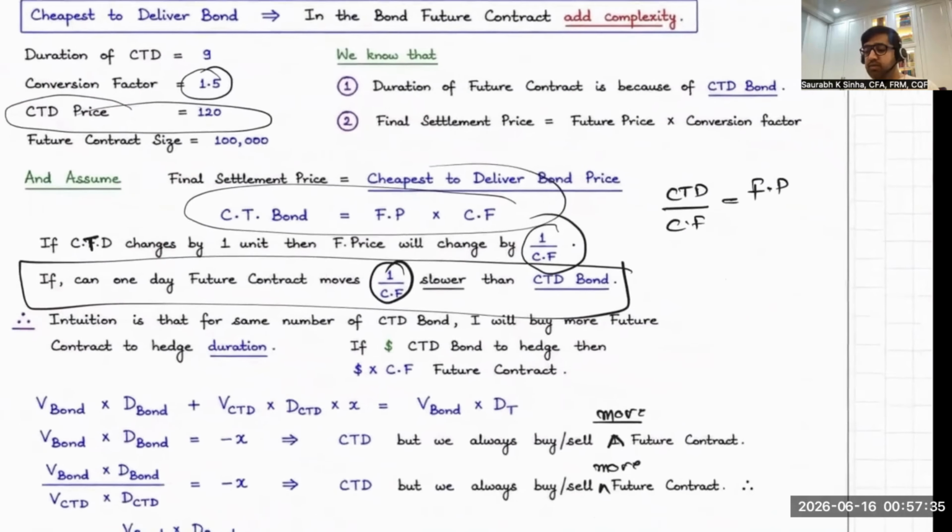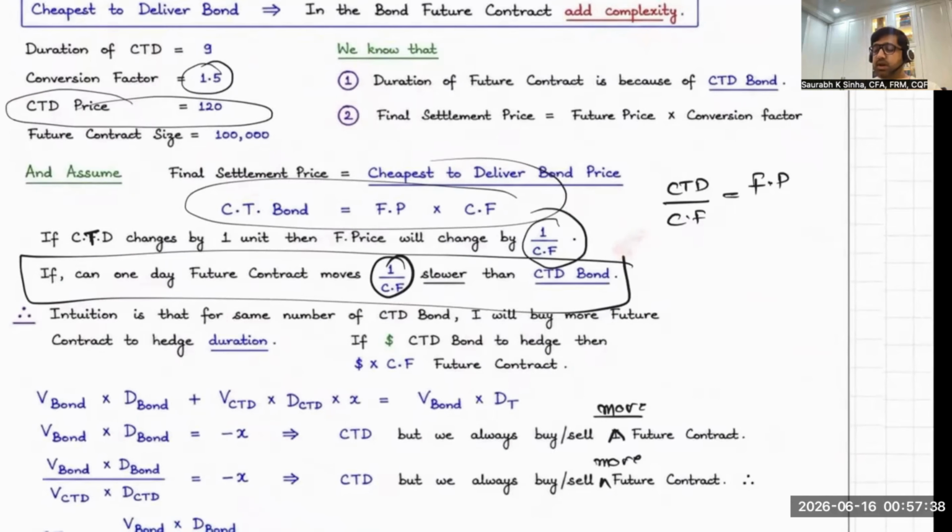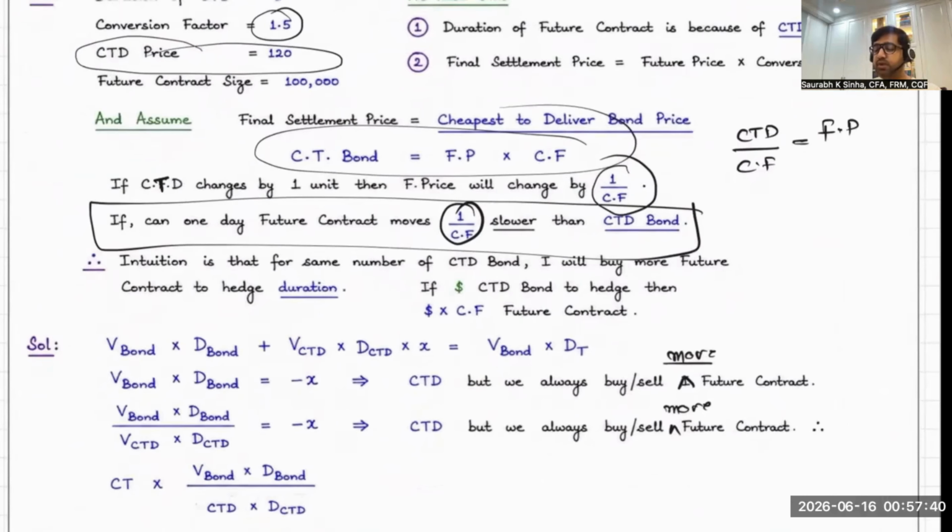So now you have to apply this logic. If to hedge, you need 100 cheapest to deliver bonds, and we need to answer in terms of futures contracts, and we know that the futures contract will always move slower compared to the cheapest to deliver bond, then the question is, will you buy or sell more futures contracts or fewer?